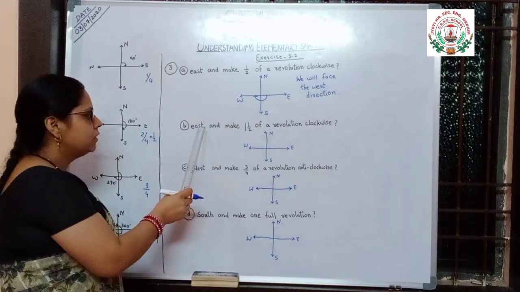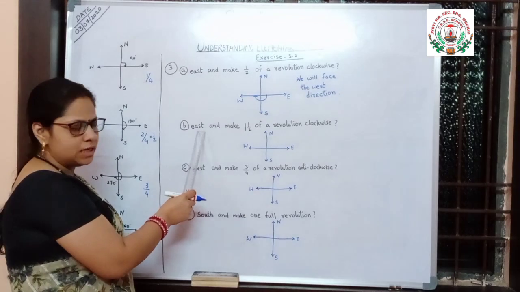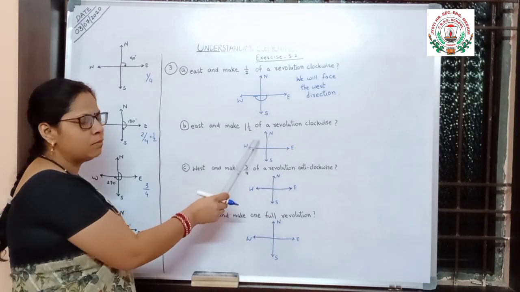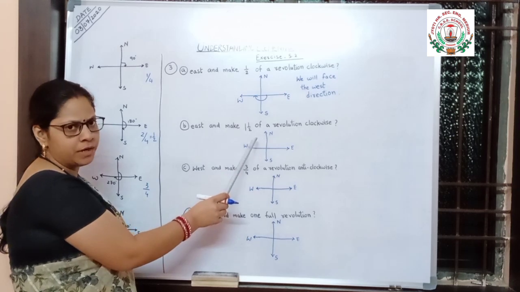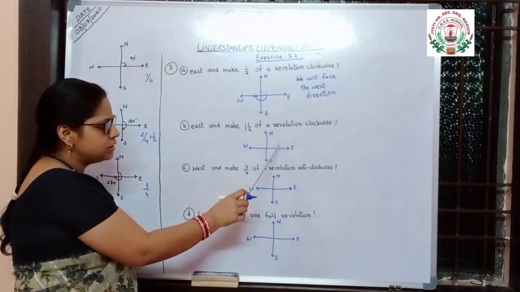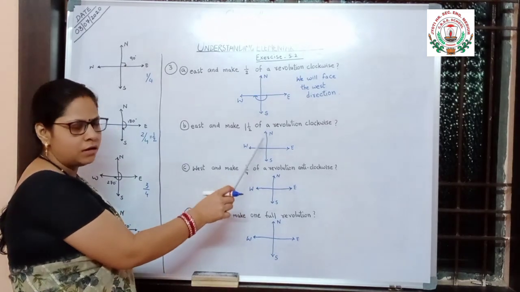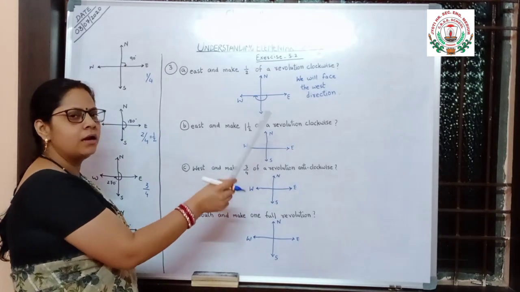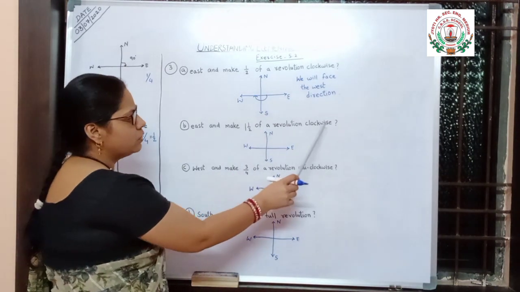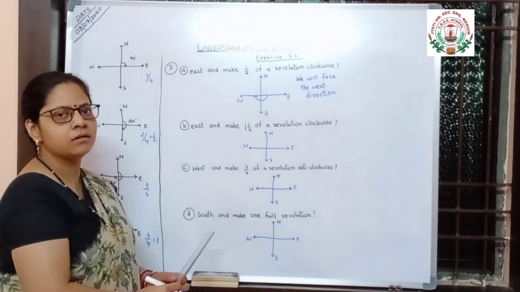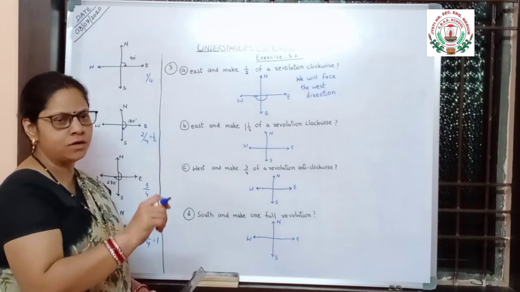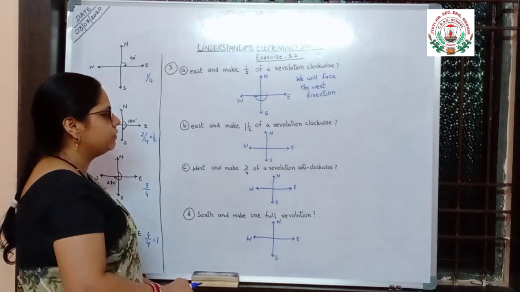Second question. Now you are facing the east and making 1/2. Means 1 complete rotation, and after that again 1/2. So 1 complete rotation means 1 full circle you will cover, and after that again half of a revolution clockwise. Clockwise means in the direction in which the clock, hour or minute hand is moving. That is called clockwise.